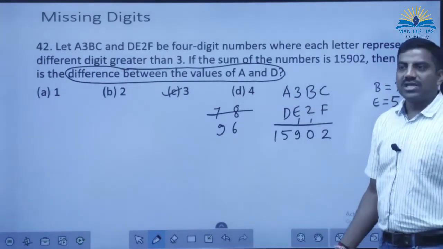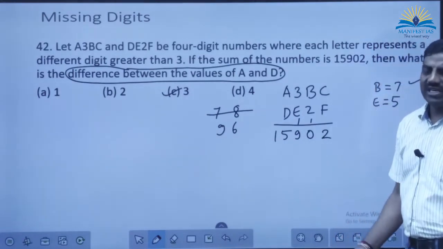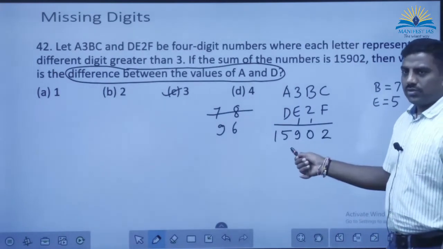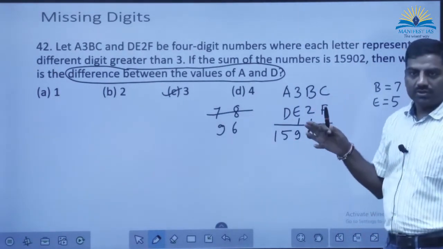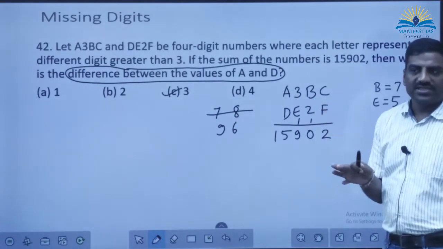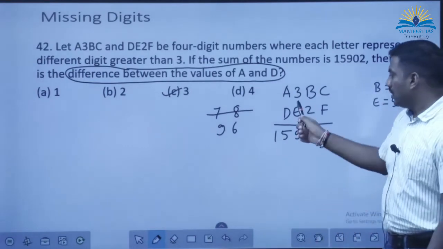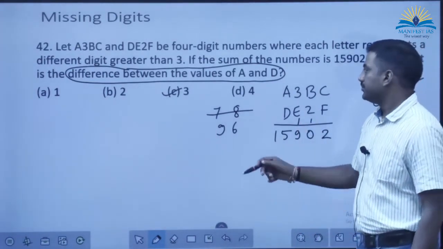So the possible values of A and D, 7, 8 or 6, 9 or vice versa. So the difference is what? Already 7 is consumed, so 7, 8 cannot be considered. Only 9 and 6 or 6 and 9 can be considered. So difference between A and D is 3.